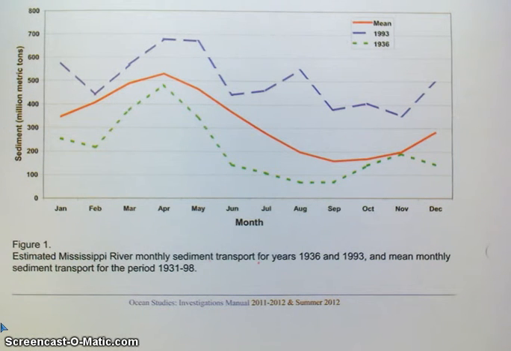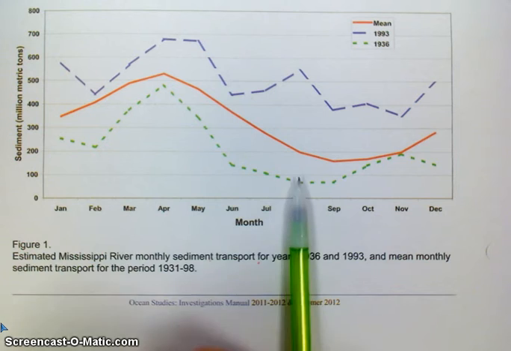These extreme years show that Mississippi River monthly sediment transport values can vary tremendously. August experienced the greatest range, meaning the greatest difference between high and low, with its monthly transport in 1993 being how many times greater than in 1936? Okay, so we're looking at August right through here.